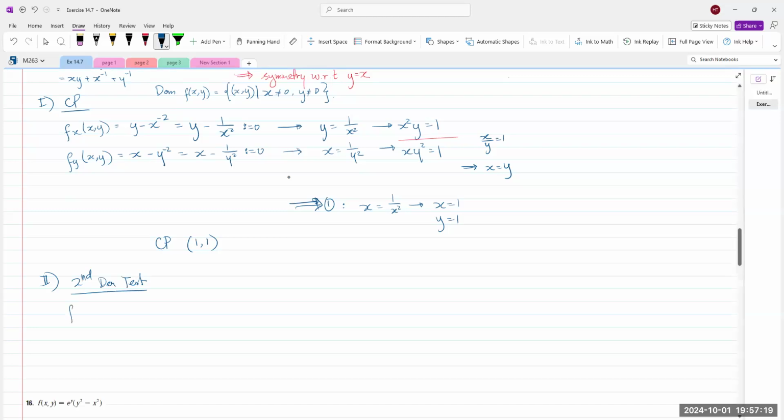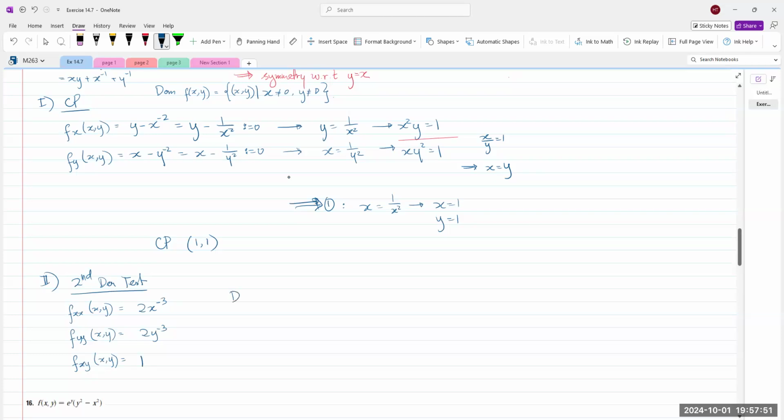So f sub xx of (x,y) will be 2x to the negative 3. Is it right? And f sub yy of (x,y) will be 2y to the negative 3, while f sub xy of (x,y) will be just 1.